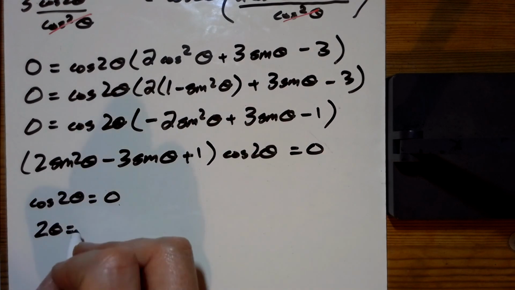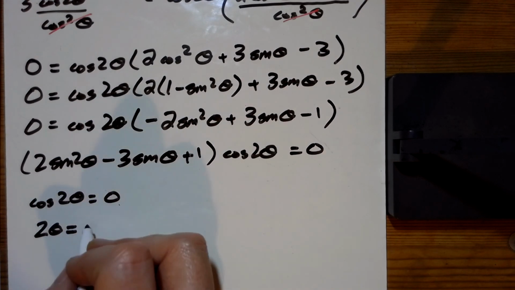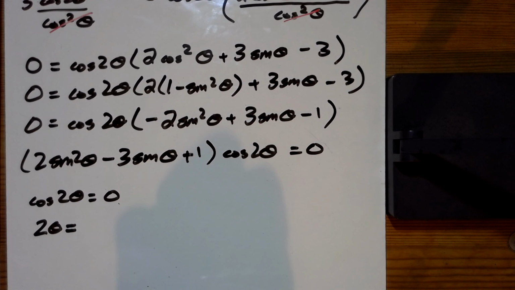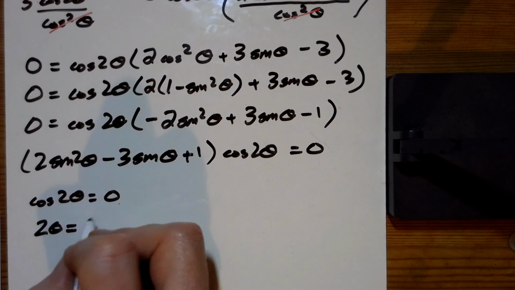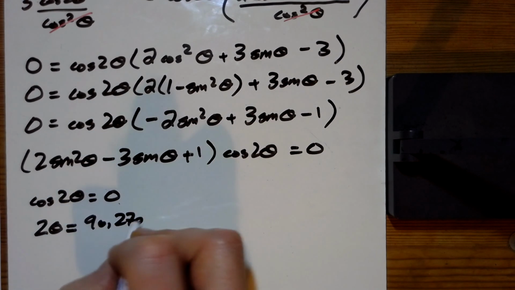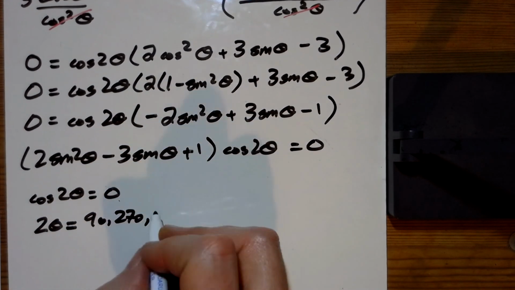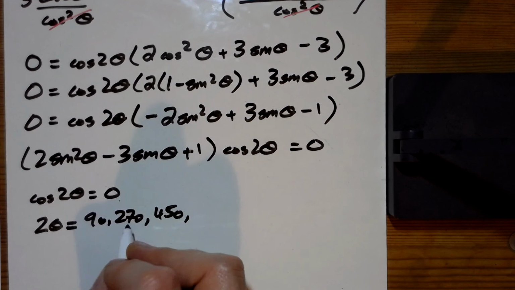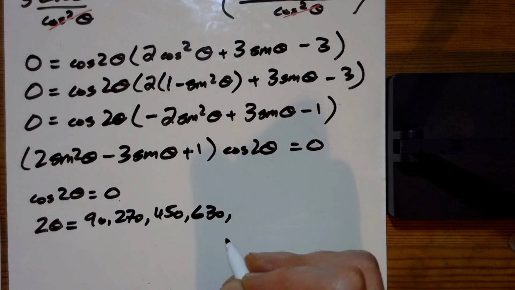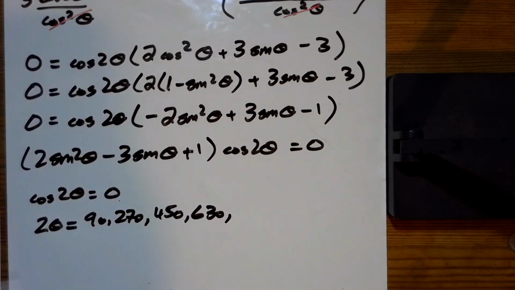So that would be at 90. I just think we're going to get it in the right range as well. Yeah, 90, and the next circle round would be 450. Add 360 to that. We need to go further as well, don't we?